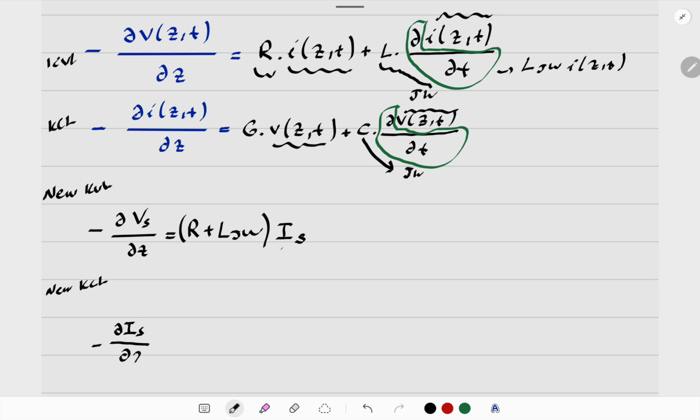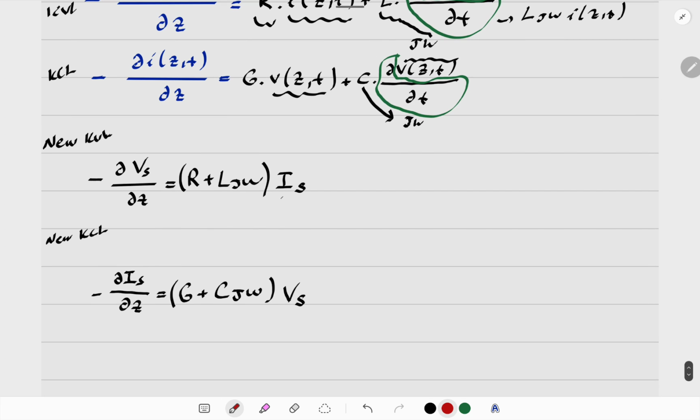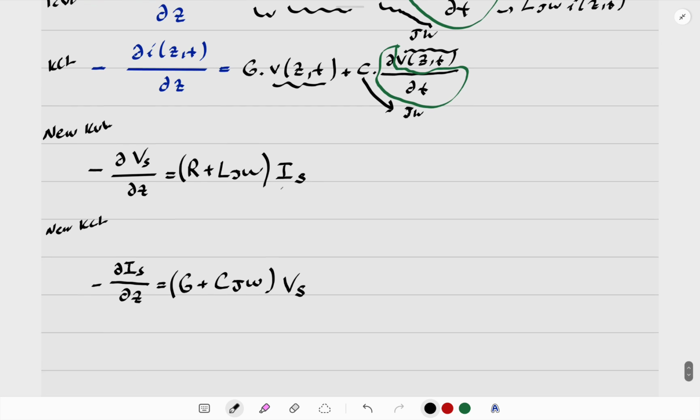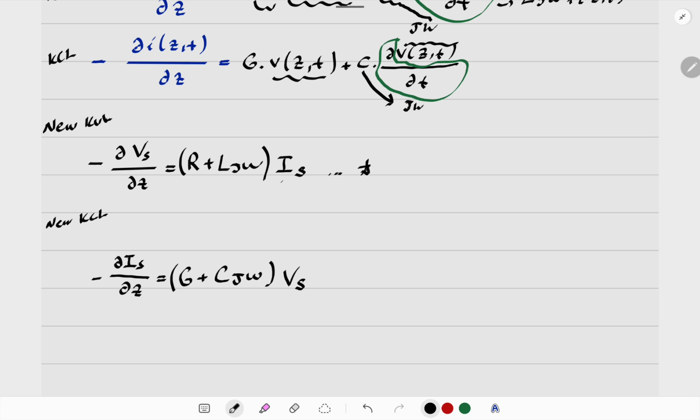Del I over del z equals g plus c times j omega, and outside the parentheses we have Vs over here. All right, great, we came to this part. I think it is our equation 4 and 5. No, it's not equation 4 and 5, we need one more step. They are not equations 1 and 5. So let's mark this one with one star in here, and demonstrate this one with 2 stars.